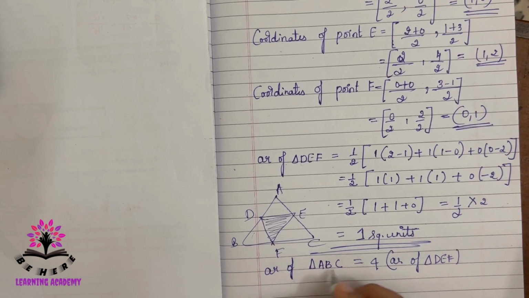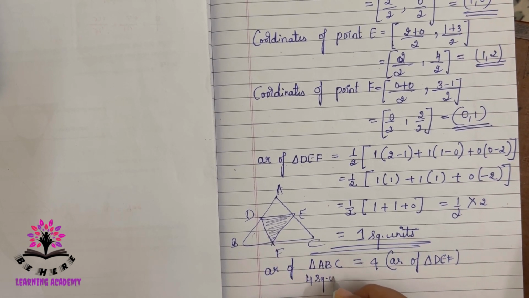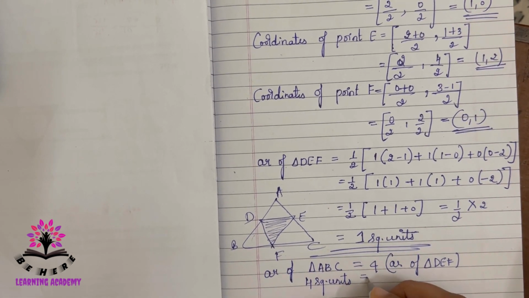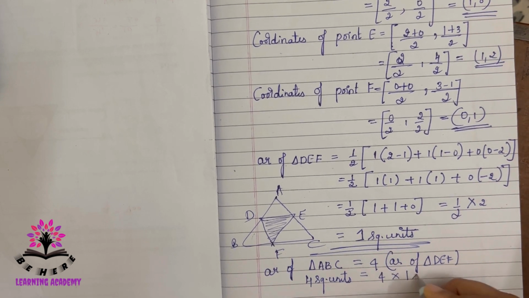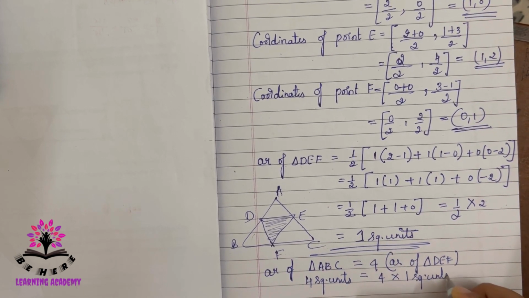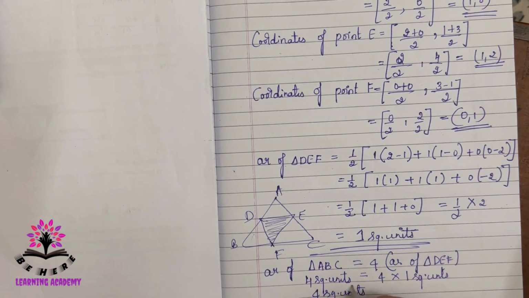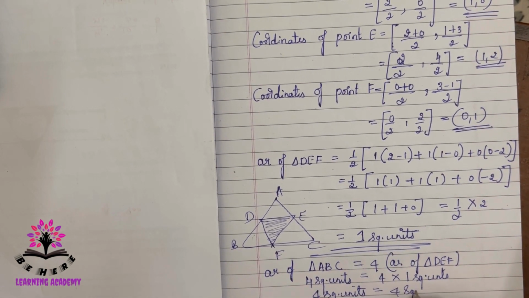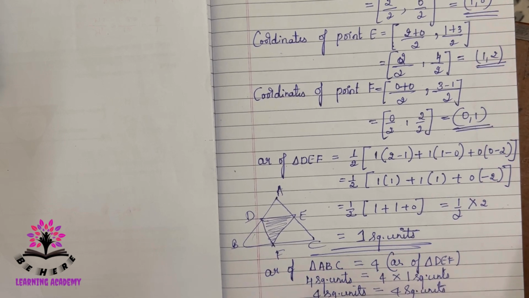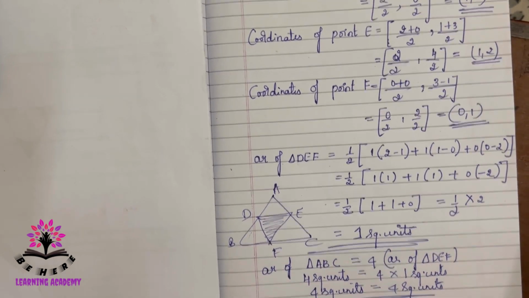That is, the area of triangle ABC is 4 square units. That is equal to 4 times 1 square unit. 4 square units is equal to 4 square units. Left hand side is equal to right hand side.